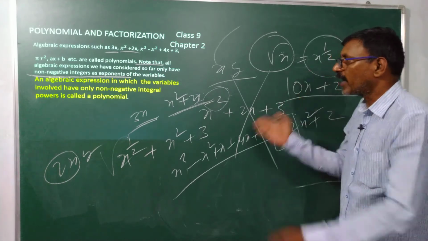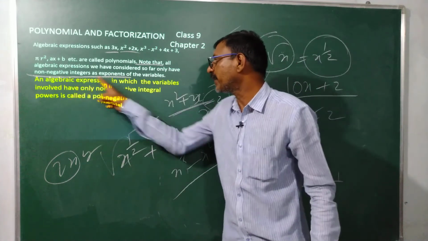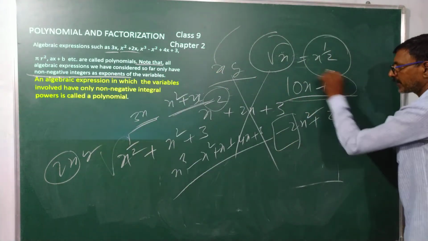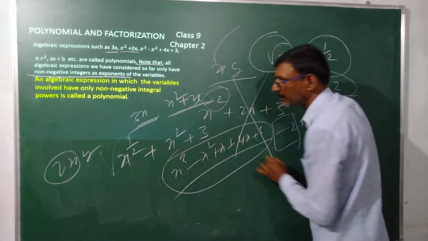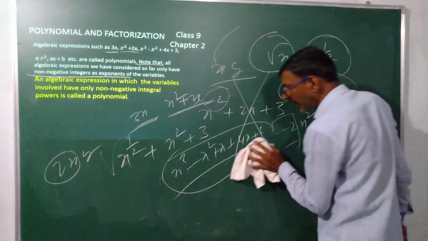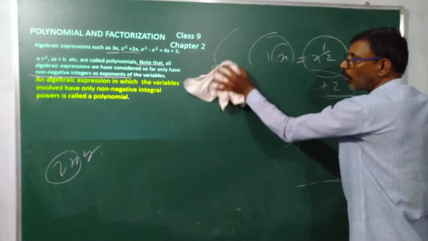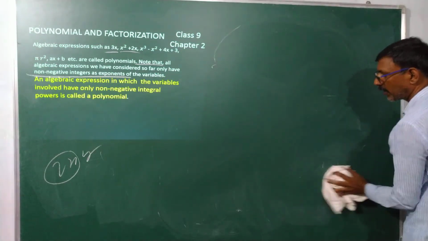So here we have so many algebraic expressions. See, an algebraic expression in which variables are involved, only non-negative integral powers, is called a polynomial.